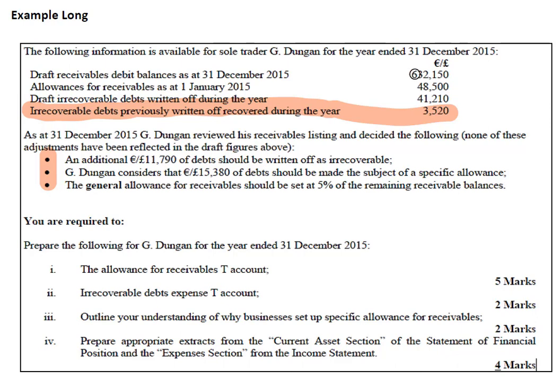I'm going to start with my 632,150 balance, and my first note says an additional 11,790 of debts should be written off as irrecoverable. So I'm going to deduct that 11,790 from my 632,150.